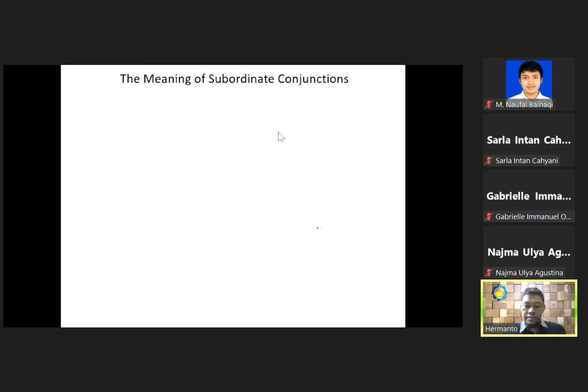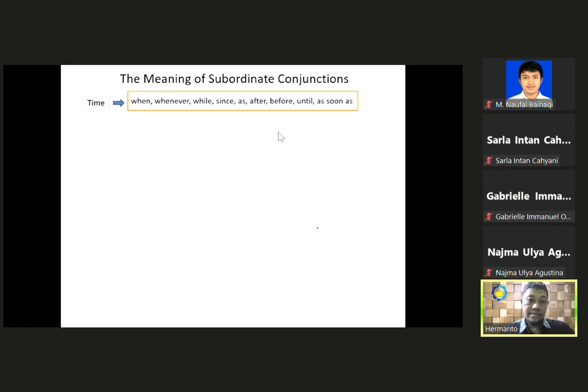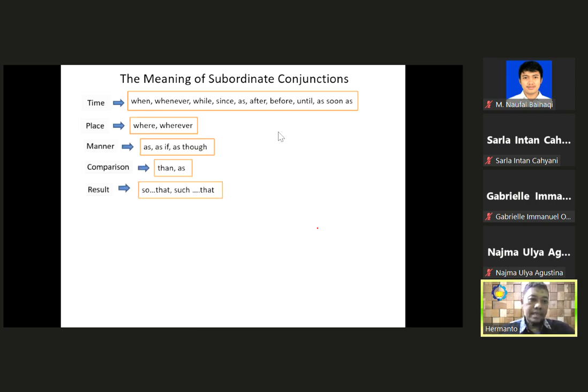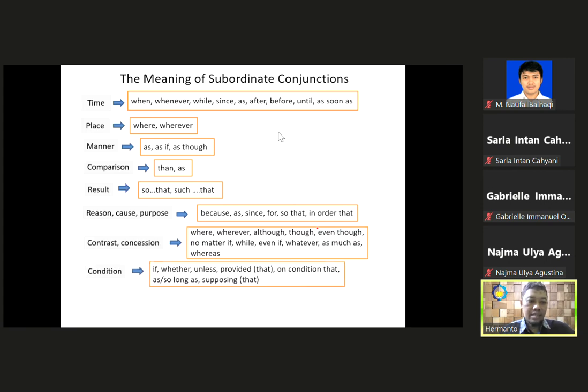Next one, every adverb clause starts with a subordinate conjunction, and every subordinate conjunction has its own meaning. For example, it indicates time, place, manner, comparison, result, reason, contrast, condition. And these are the subordinate conjunctions to begin the adverb clause. To indicate time, you may use when, whenever, while, since, as, after, before, until, as soon as, plus subject and verb.